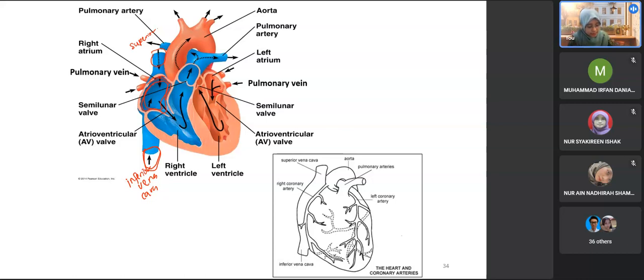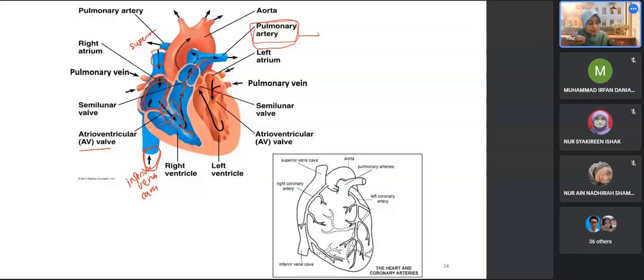Oxygen-poor blood will enter into the right atrium and then into the right ventricle through the atrioventricular valve, or AV valve. The right ventricle will pump the oxygen-poor blood out of the heart through the pulmonary artery. The pulmonary artery will convey the blood to the lungs.